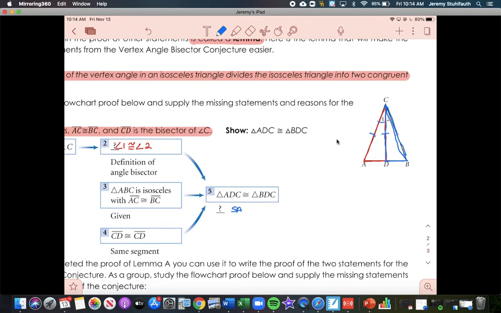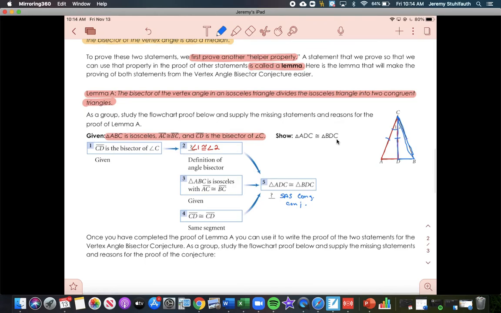The side-angle-side congruency conjecture allows us to make that statement. So we've now completed the proof of this lemma. What we can now assume is true is that the bisector of the vertex angle of an isosceles triangle divides that triangle into two congruent triangles.